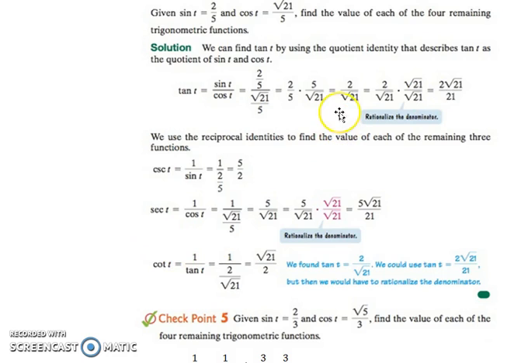They backed up and put 1 over this, the 2 over the square root of 21, because when you divide by that fraction, you take the reciprocal, you're done, because the square root's not in the denominator. So any of these are values of tangent, and it was just easier to take the reciprocal of that one than this one, because we'd have to go back and rationalize again. And you can do the same thing with secant and cosecant if you have square roots in the denominator.